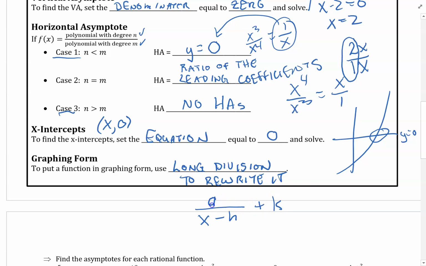Well, really a over x minus h plus k. So when we do our long division, k is going to be up front, and then a over x minus h will be our remainder.